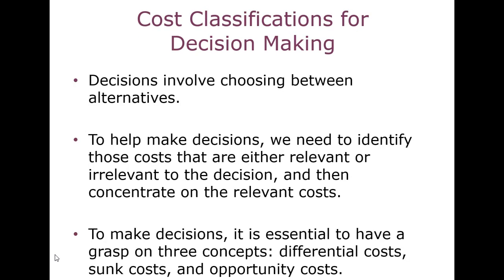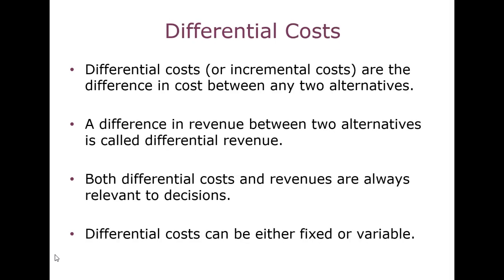Now at some point we need to use these cost classifications for decision making. And decisions, of course, involve choosing between alternatives. To help us make decisions, we need to identify those costs that are either relevant or irrelevant to the decision and then concentrate on the relevant cost. To make decisions, it is essential to have a grasp on three concepts: differential cost, sunk cost, and opportunity cost.